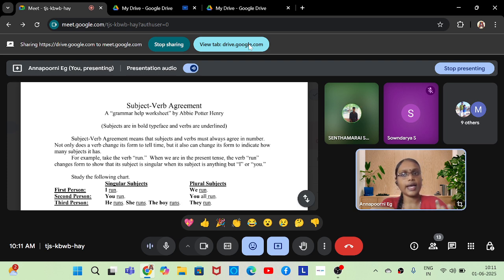In verbs, if you are adding s or es, it is converted to singular, not plural. So it is the opposite rule. Nouns or rule opposite ஆன rule தான் verbs follow பண்றது.